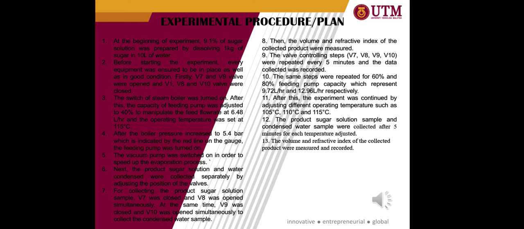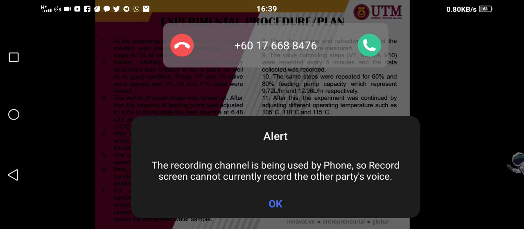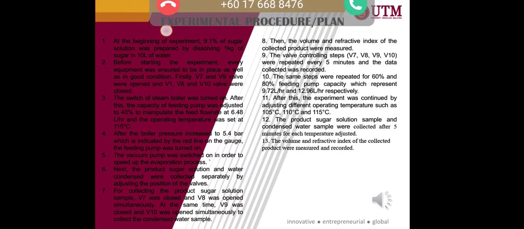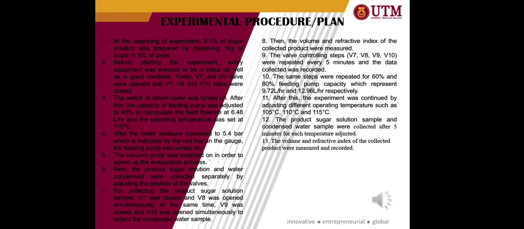the condensed water sample. And then the volume and refractive index of the collected products are measured, and the valves controlling the steps, that's V7, V8, V9 and V10, are repeated every 5 minutes, and the data is collected and recorded.